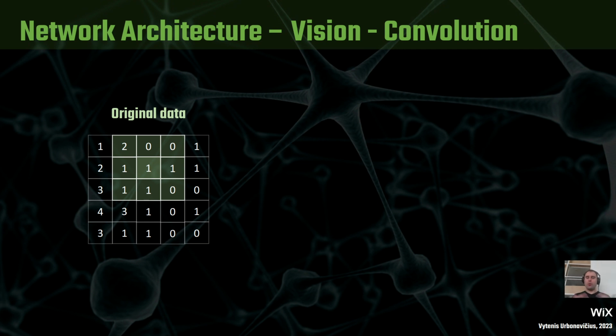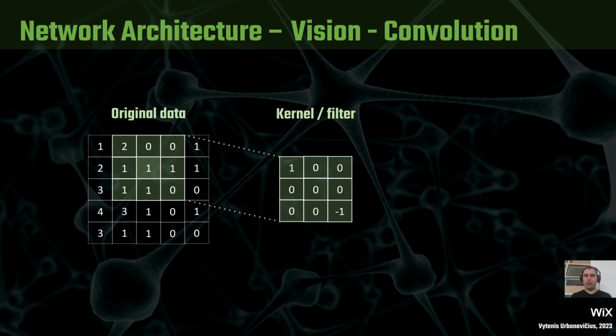The rules, the calculations which we need to apply, are defined in something called a kernel or filter. They are defined in the form of a matrix, and it's best to explain how this matrix behaves by example. This particular matrix you see on the screen says that we need to take the top left pixel and multiply by 1. We need to take the bottom right pixel in the highlighted area and multiply by -1, and then ignore all other pixels because they are multiplied by 0.